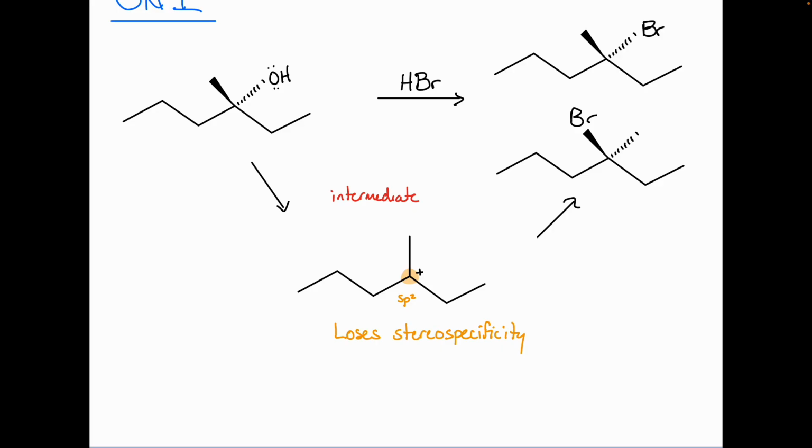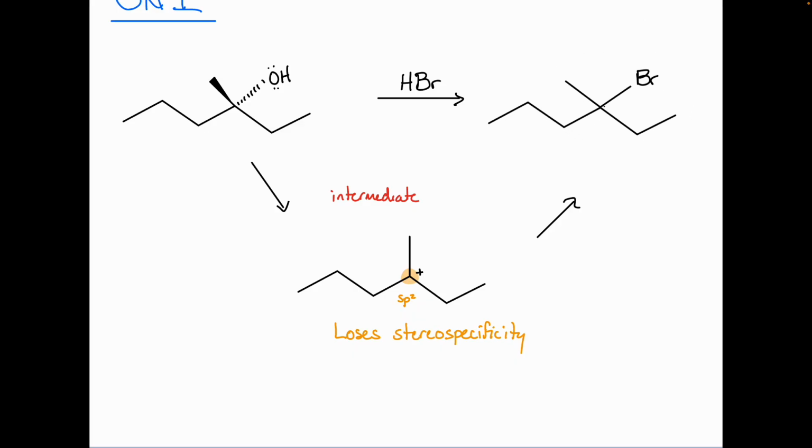But the shorthand for that is to simply show these as straight line bonds. All right, that implies that we have a mixture of all possible stereoisomers.